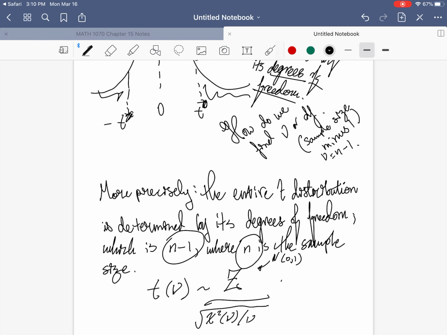Okay, and that's something you can look up if you'd like to, but this is where the degrees of freedom is actually coming in. It's coming in from this chi-squared.